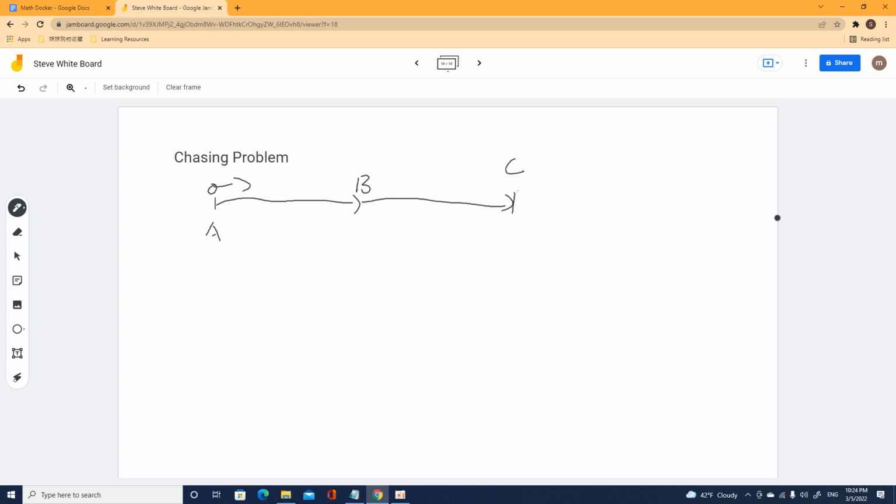Now we give you an example. Imagine the first car drives from New York City to, for example, Boston.